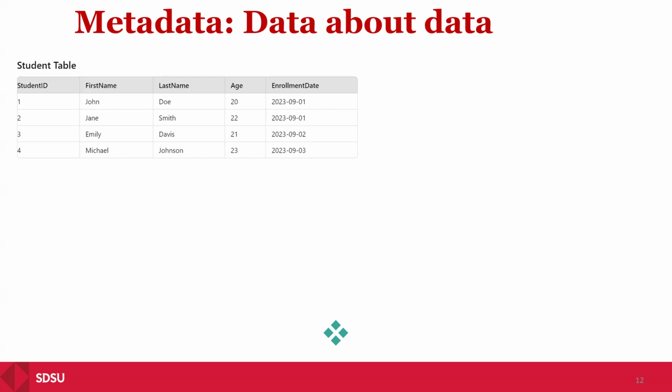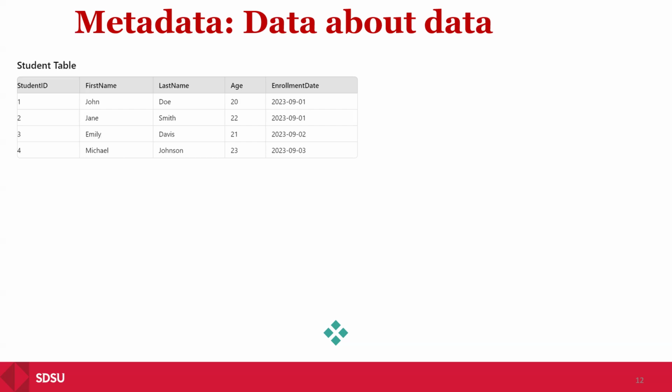Now, there is also metadata. Metadata is data about the data. For example, here we can see the student table example from our previous slide. By the way, what kind of data is represented by an SQL table? Structured, semi-structured, or unstructured?